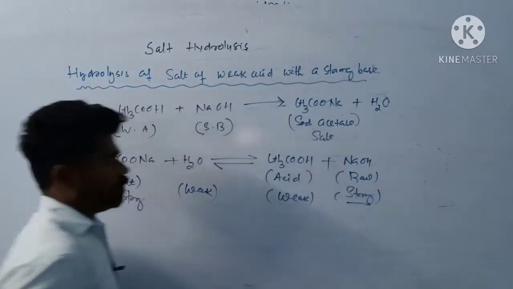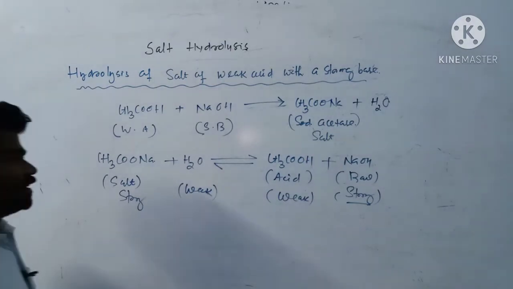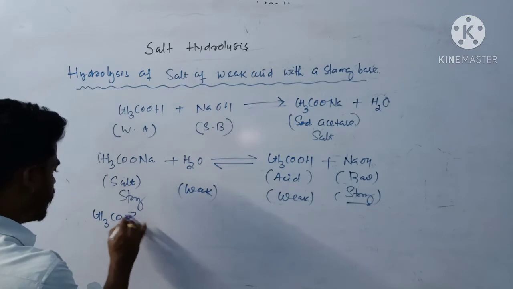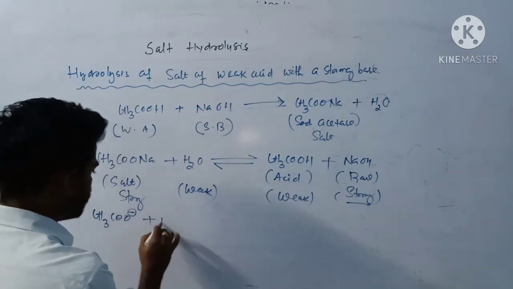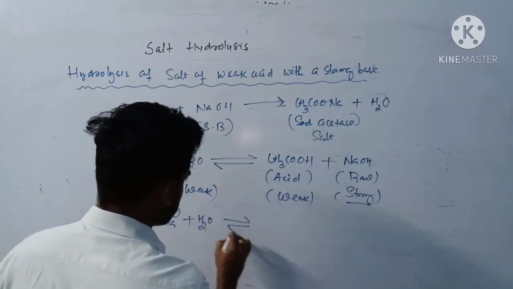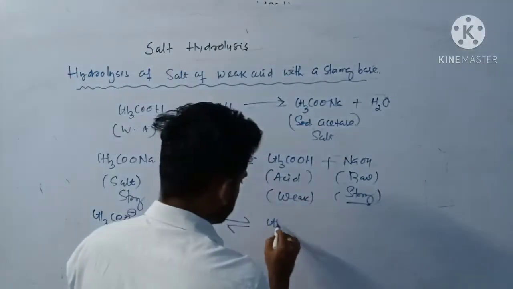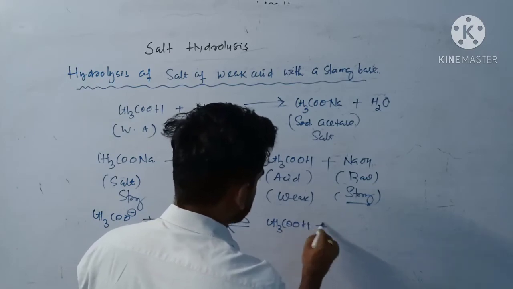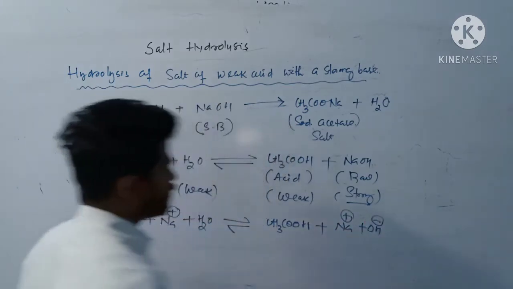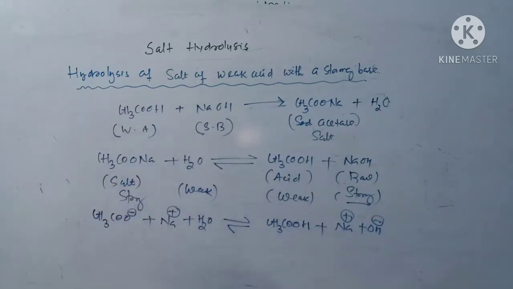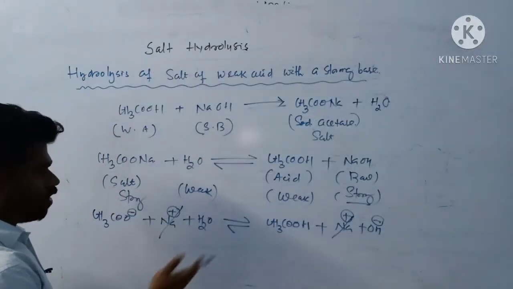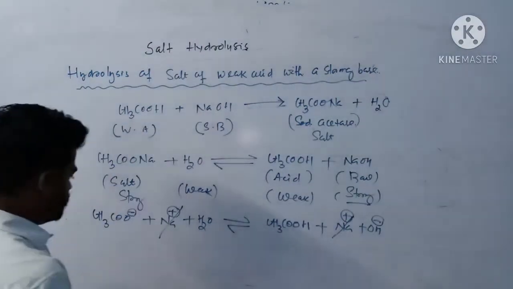Right, now you can represent more precisely the step of hydrolysis, that is CH3COO minus plus Na plus plus H2O giving rise to CH3COOH plus Na plus OH minus. Clear? Now this Na plus gets cancelled, so the salt solution is definitely alkaline in nature.